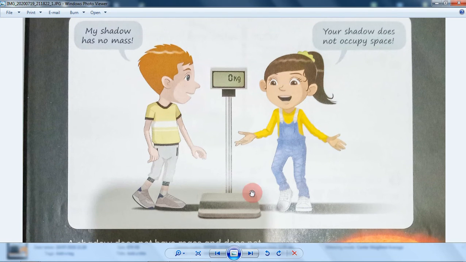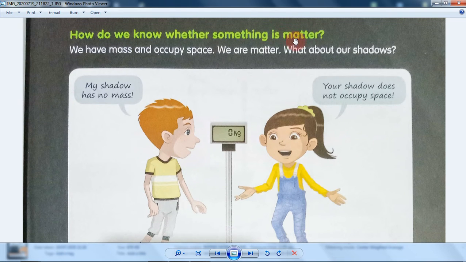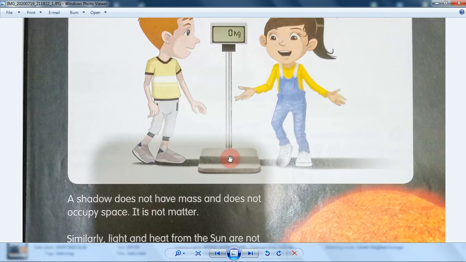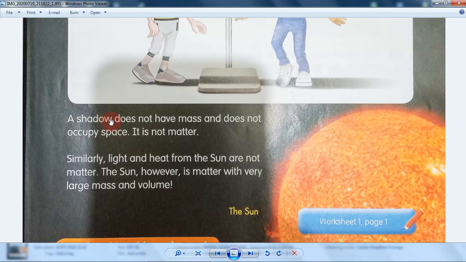So the shadow, right here, is not matter, because if something wants to be called matter, it has to have mass and occupy space. A shadow does not have mass and does not occupy space, so it is not matter.